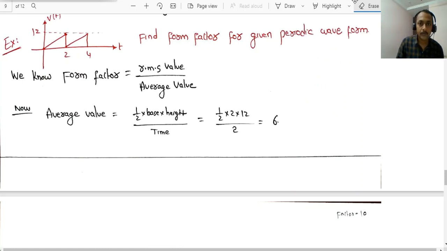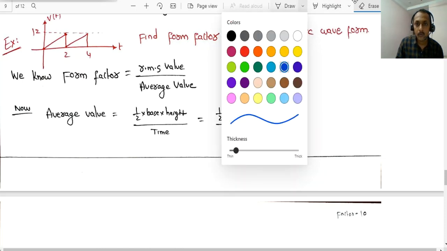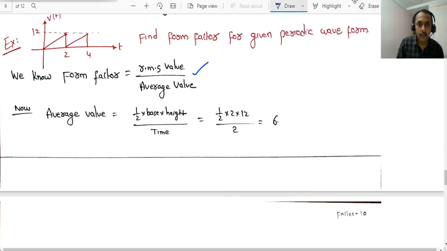If you observe, first let me say form factor is the ratio of RMS value by average value. What will be the average value? If you observe, this is a triangle. This length is 2 and this length is 12.